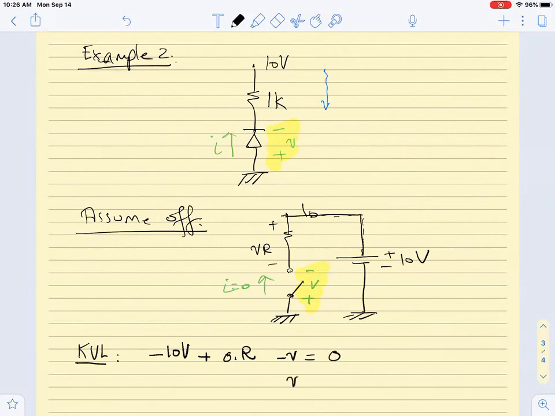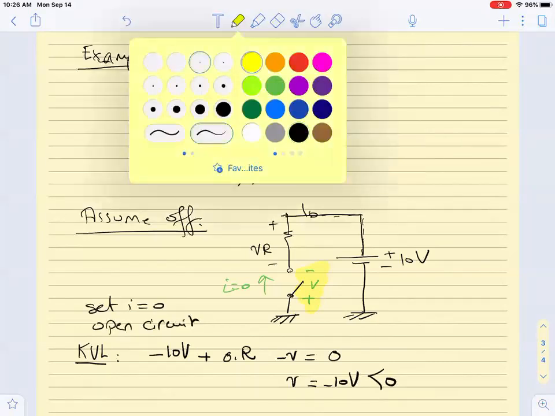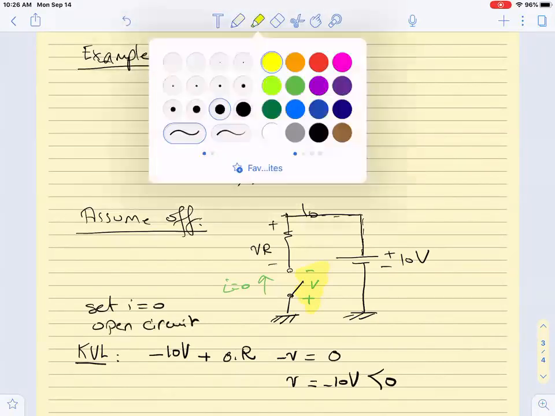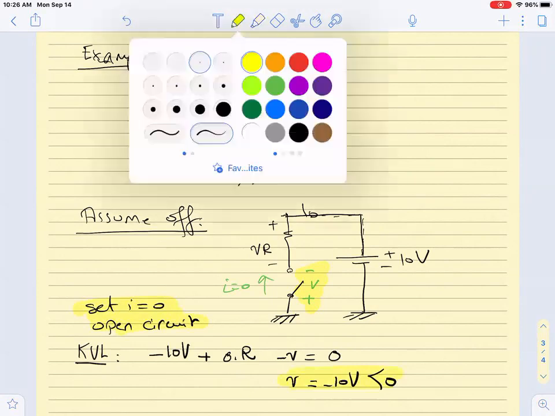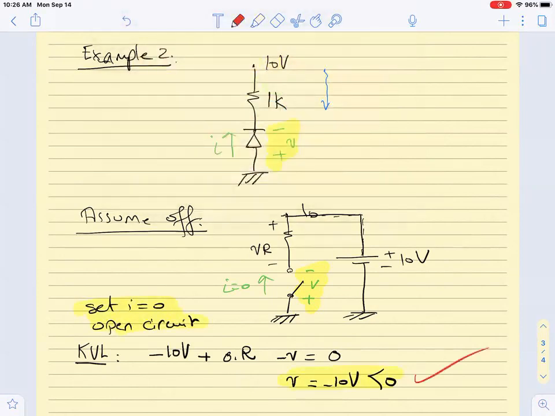So if we solve now, V will be equal to minus 10 volts, so it is negative. Therefore, when we solved, we set I equal to 0, made the diode an open circuit, and we checked if V is negative. Okay, and this is correct, and therefore my assumption is correct.